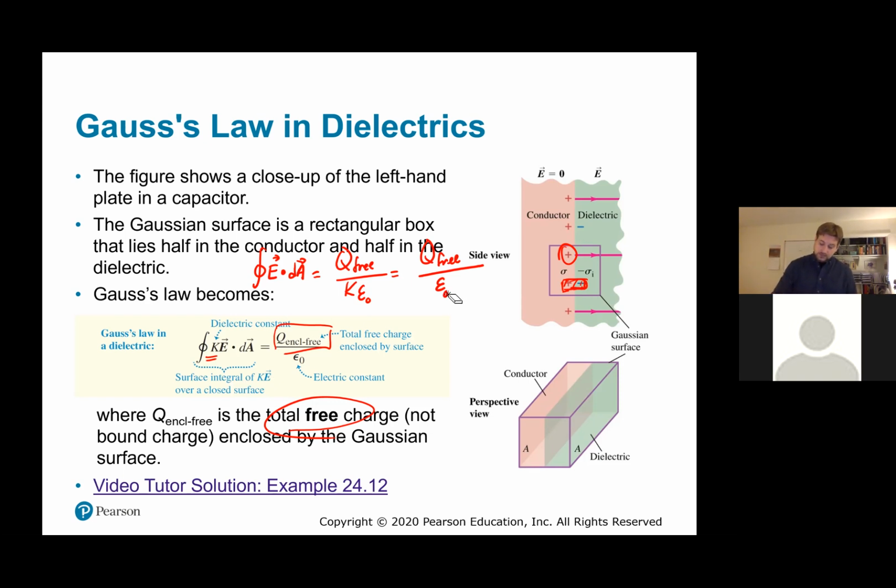This is the original expression. The electric field is going to be less because we're dividing by a greater permittivity.